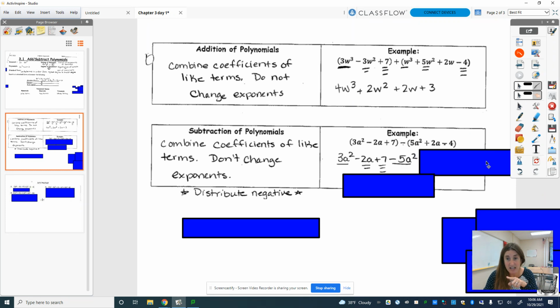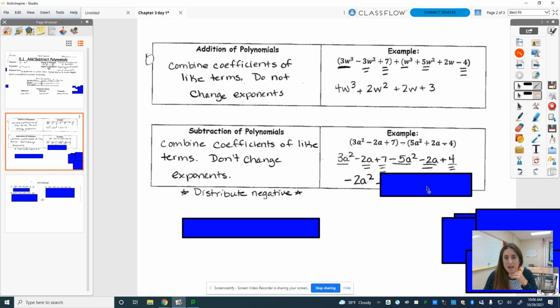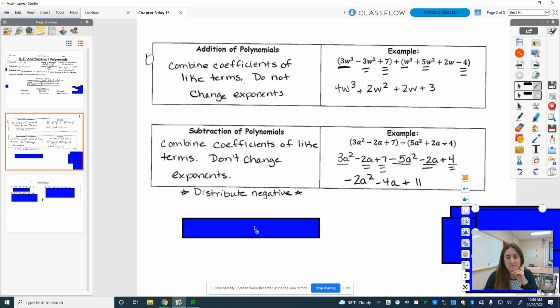So I have -5a squared minus 2a. Double negative is going to turn that into a +4 in the back. When I combine my like terms there, 3a squared minus 5a squared gives me -2a squared. -2a and -2a is -4a, and 7 and 4 add to 11.